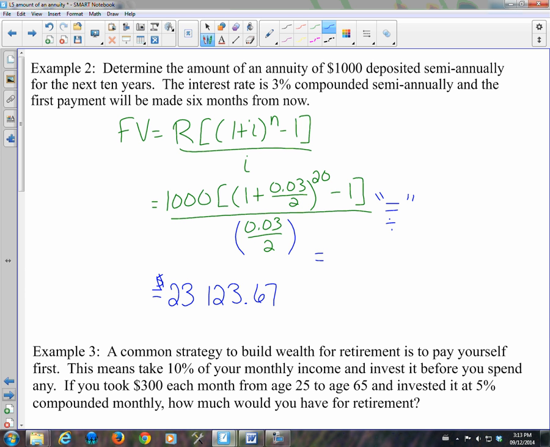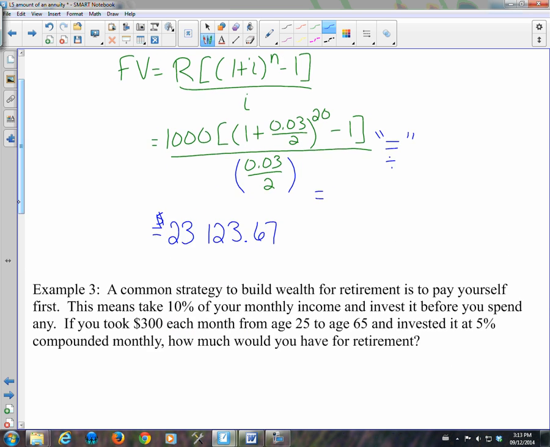And that makes sense because $1,000 twice a year for 10 years would be about $20,000 without any interest. All right, my last example.